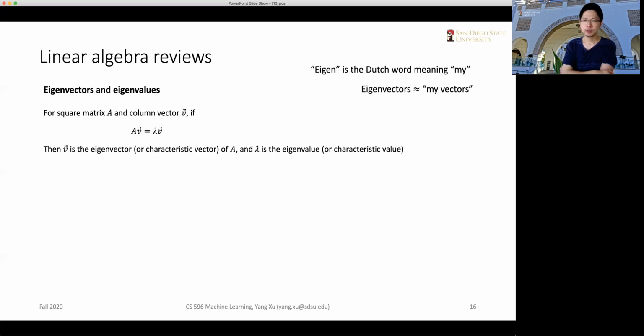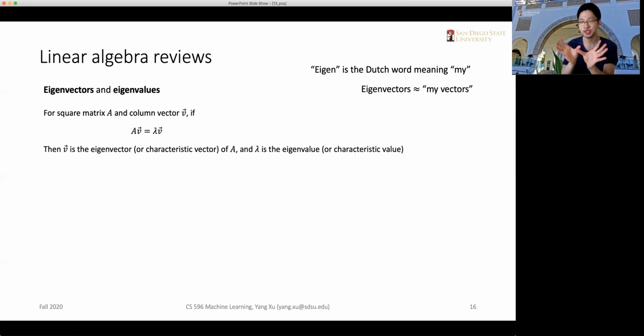Okay, so I think the meaning "my vectors" in Dutch probably refers to the fact that A times V is a transformation of V, but it doesn't change the direction of V. It just applies a constant multiplier lambda to V. The result of A times V doesn't change the direction of V. That is why it's called my vectors.